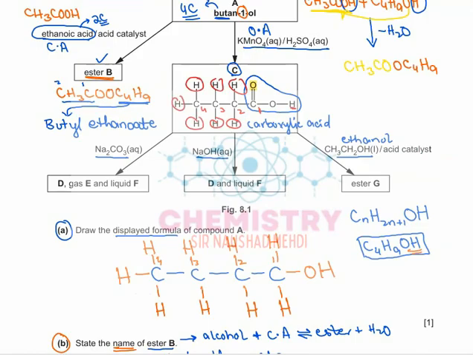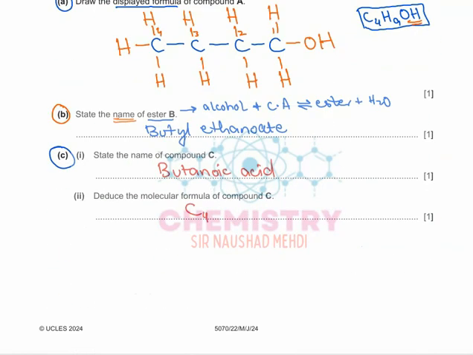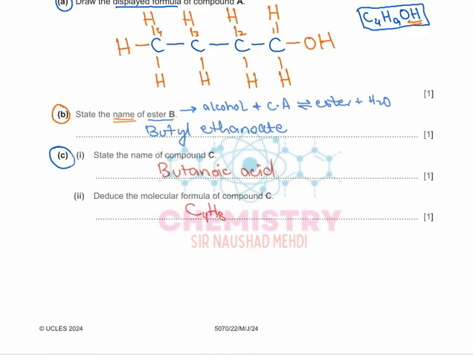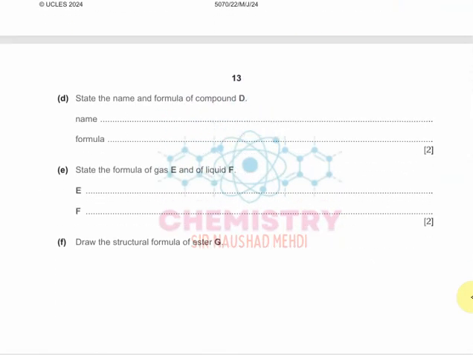So there are 8 hydrogens, C4H8. And there are 2 oxygens, 1 and 2. So C4H8O2 is the molecular formula for compound C, which was butanoic acid. I hope that is clear to everyone.